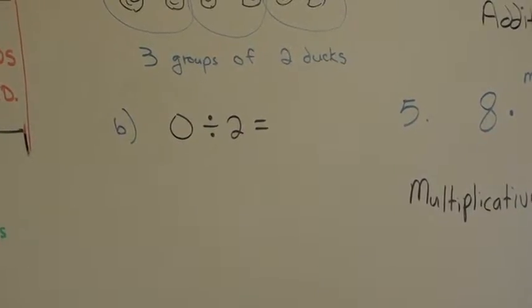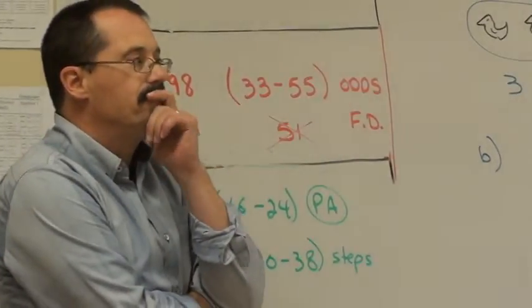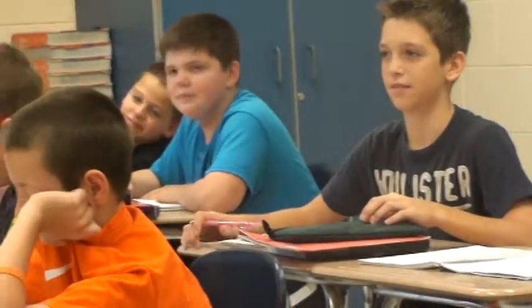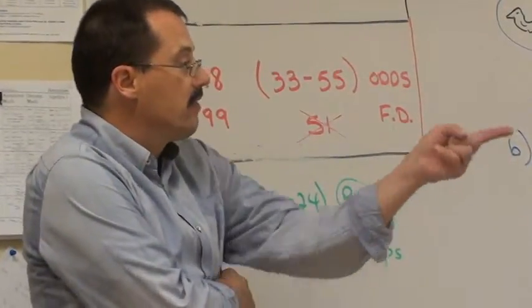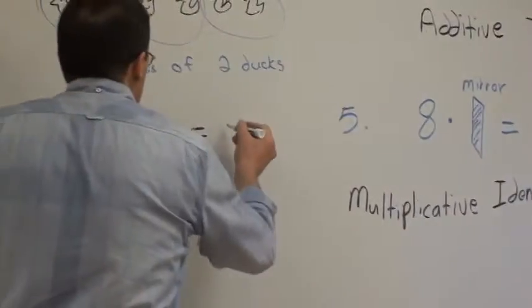What does 0 divided by 2 look like if you had to draw it? Who knows what you'd start with? Nothing. We don't have any ducks, do we? We're supposed to put them in groups of 2. How many groups of 2 can I make if I don't have any ducks? 0. The answer to this one is 0.